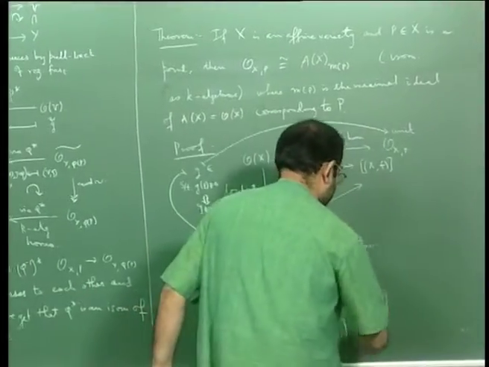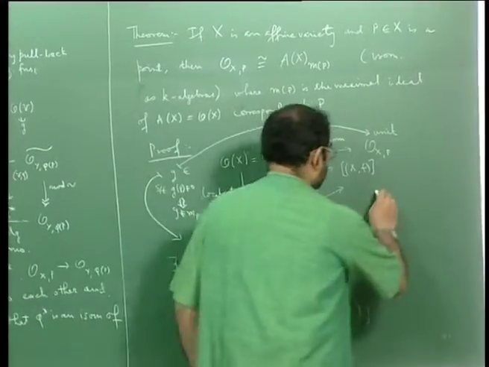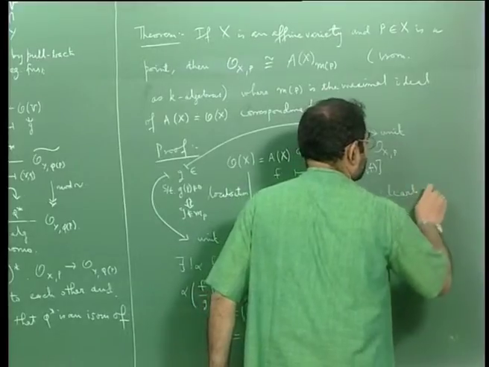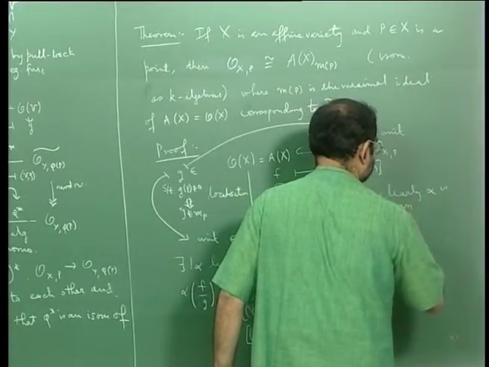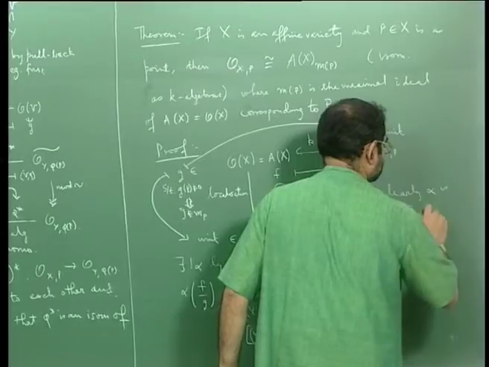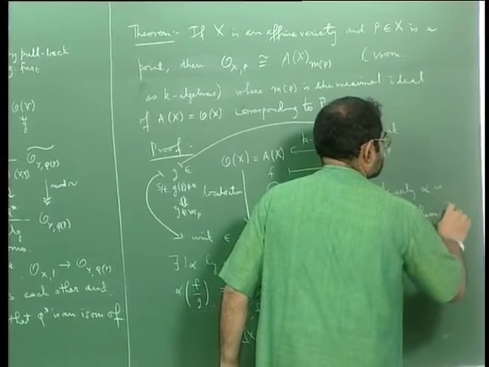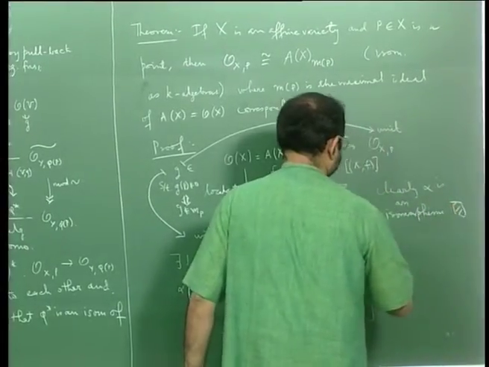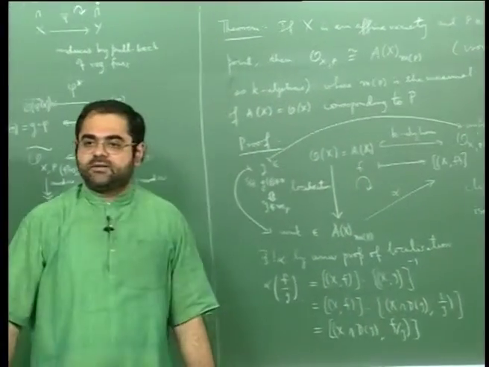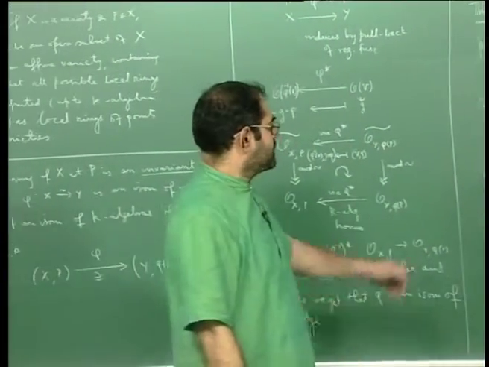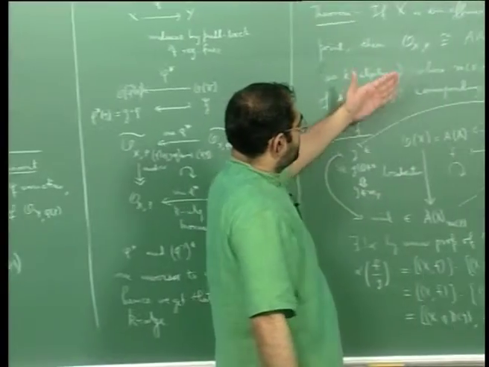So clearly alpha is an isomorphism. A moment's thought will tell you that alpha is an isomorphism. So in other words, you have this formula.